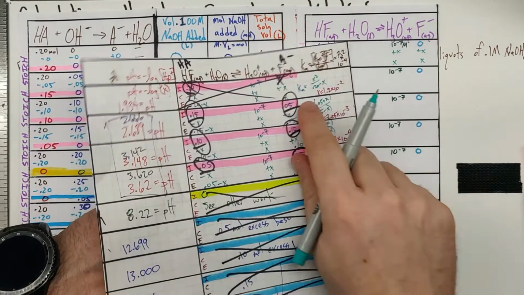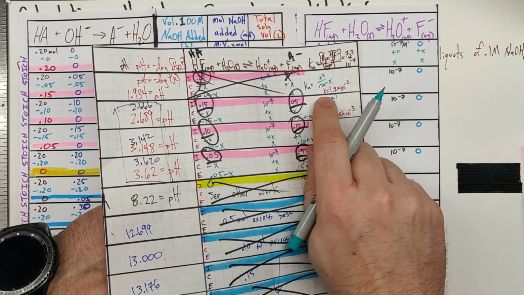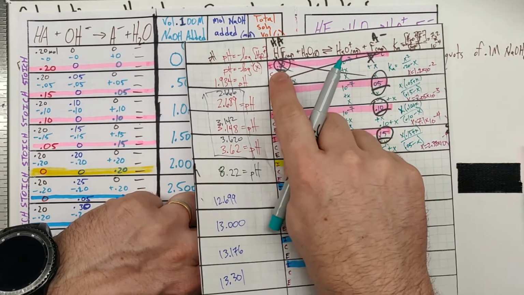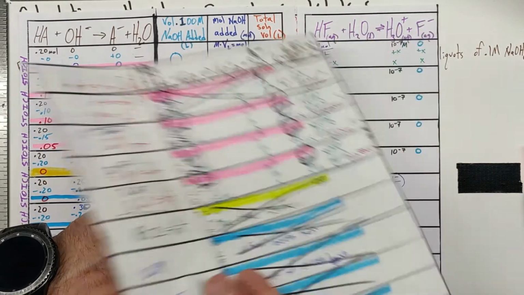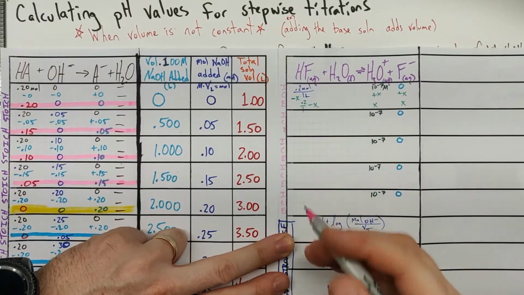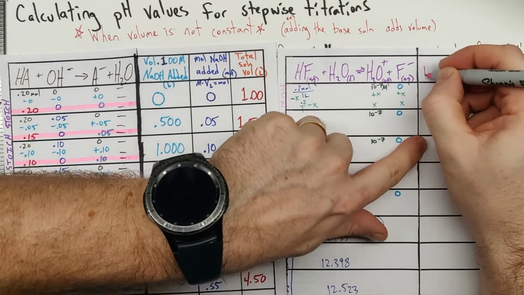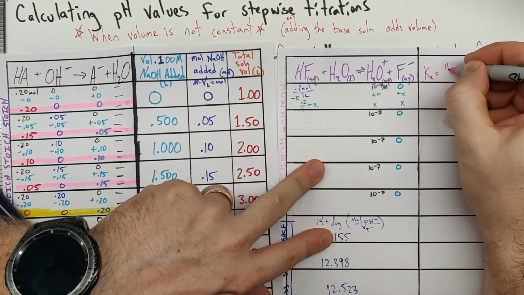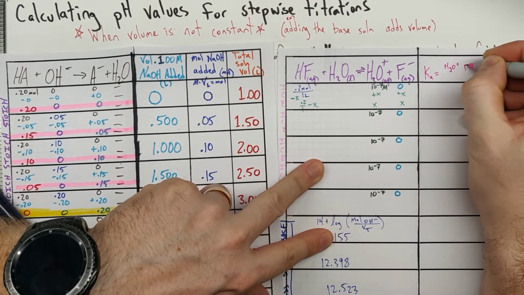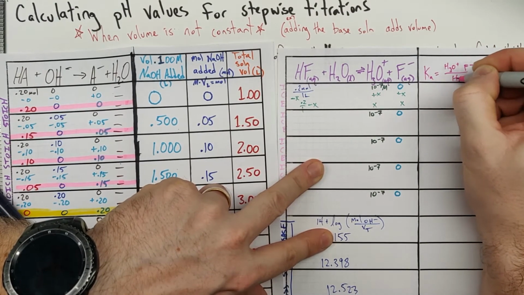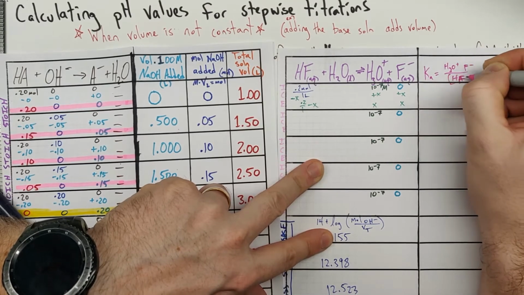And the reality is we did that work before because it was in 1 liter when we used 0.2 moles before, it's going to be the same now. We can write our Ka equation again. Ka equals H3O plus times F minus over HF.